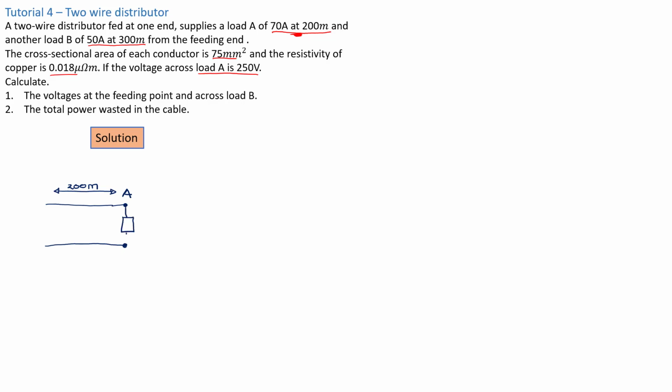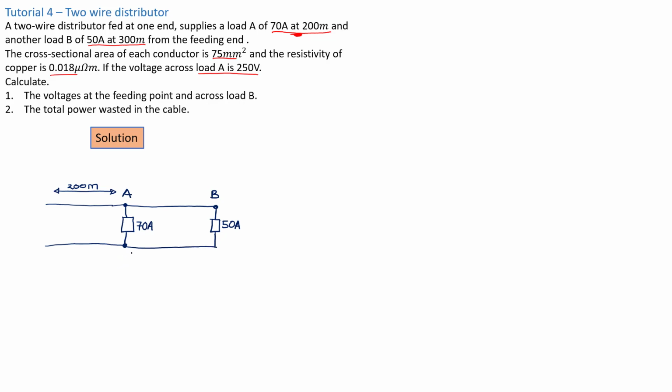So I'm going to draw my load here, and this load is supposed to be 70 amp. Then we carry on. Then they're now saying that there is another load here at point B. So I'm going to place point B here, and this load at point B also has a current that it is drawing, which is 50 amps.